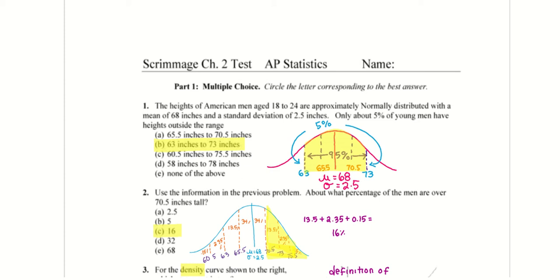So on number one, the ultimate question is, about 5% of young men have heights outside of what range? So you have to really focus on what the question is asking us. They want us to give a range of numbers that these gentlemen fall outside of.